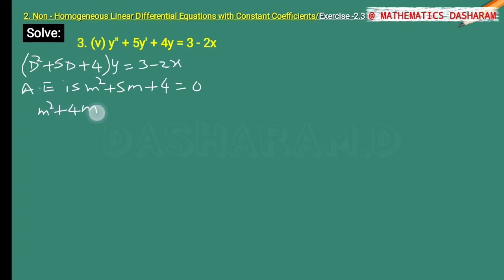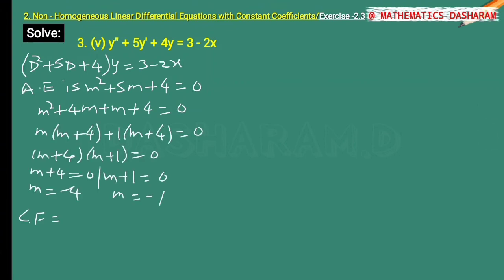Do factorization, m plus 1 into m plus 4 equals 0. So the roots are real and different. Then the complementary function is c1 into e to the power of minus x, plus c2 into e to the power of minus 4x.